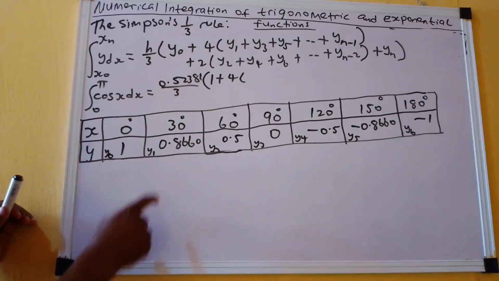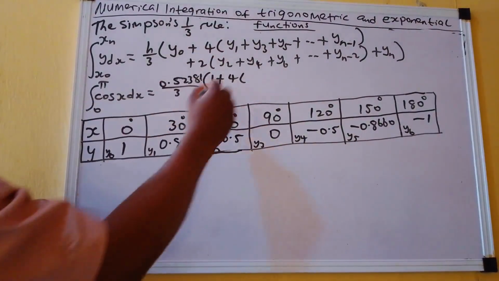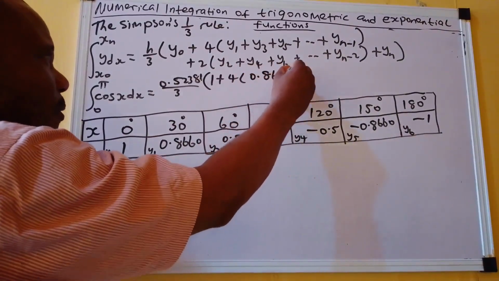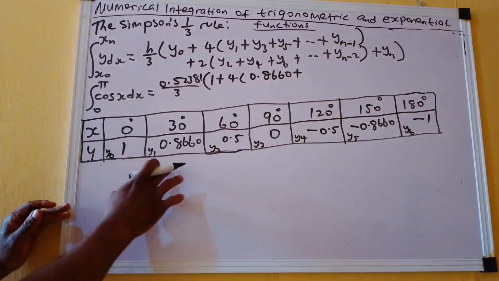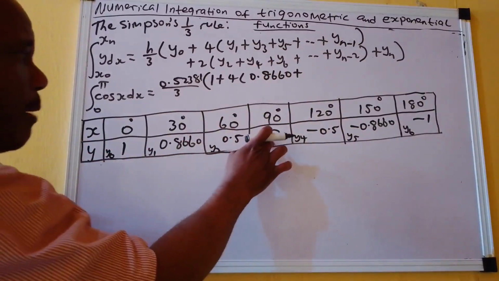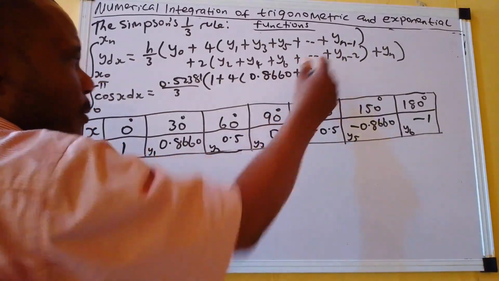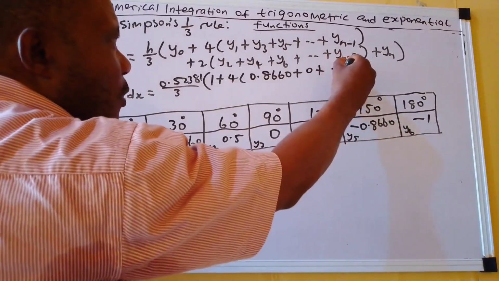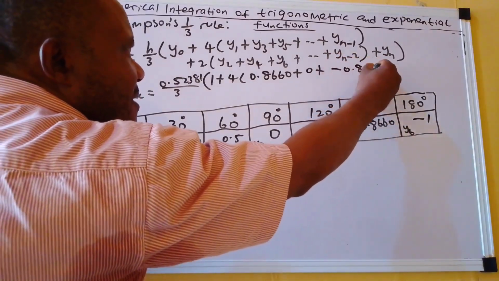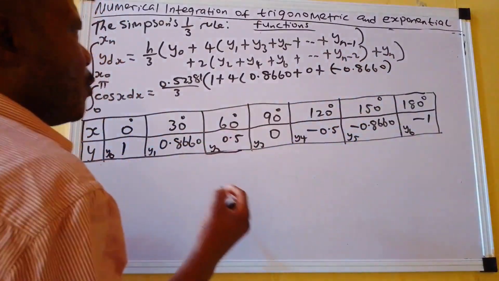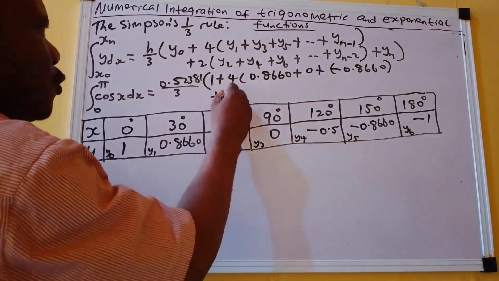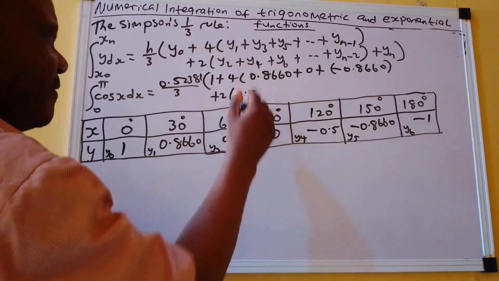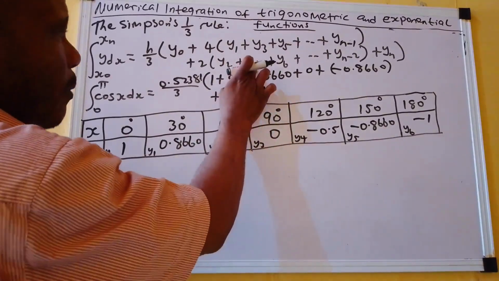So now 4 into y1, what is our y1? Our y1 is 0.8660 plus, what is our y3? Our y3 is 0 plus, we have y5, second to the last, that will now be minus 0.8660. Then you now say plus 2 into, what is our y2? Our y2 is 0.5 plus, what is our y4?